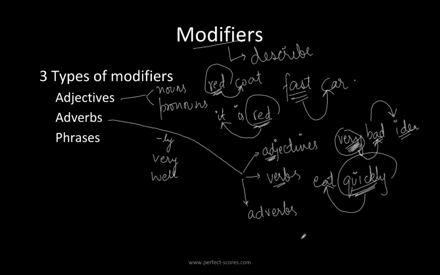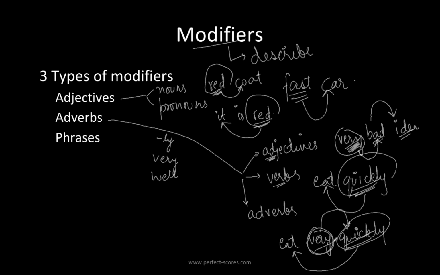Now, if I say, eat very quickly. Just like the previous example, quickly is the adverb modifier that modifies the verb eat. Very is another adverb modifier that modifies the adverb quickly. So you can see how an adverb is modifying another adverb.